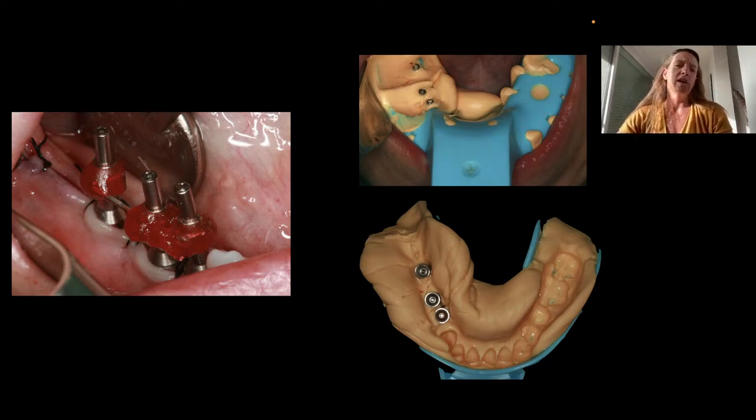Okay, so we do not want to care about how the soft tissues are, because actually after 1 hour, 2 hours, they have already healed. So it's important to have the notion and to have a good model of your implants, but the soft tissues will change immediately.